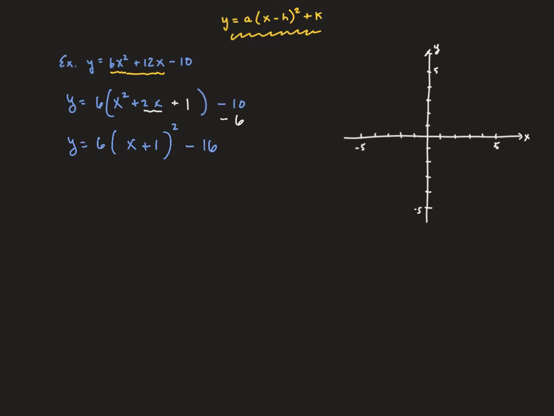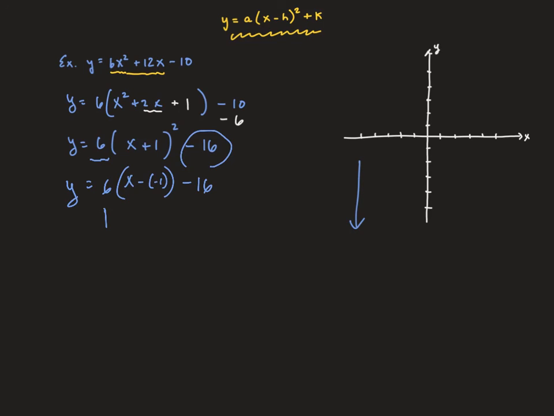And when I go to graph that, I'm going to have to do some manipulating of my numbers, and it might just be easier to erase those numbers and know that my y is negative 16. I'm going to be shifting downward 16 points, and stretching it by 6. This is x minus negative 1, minus 16.